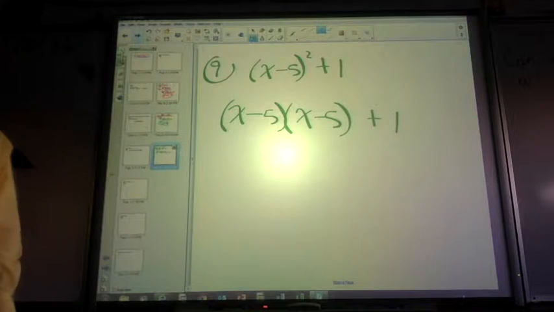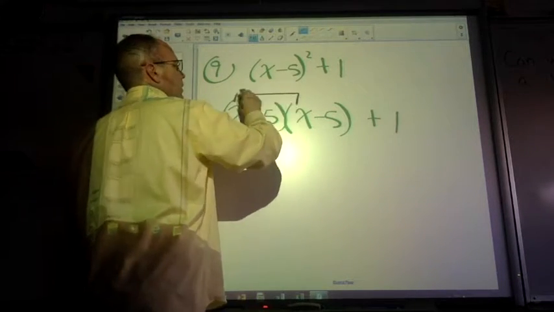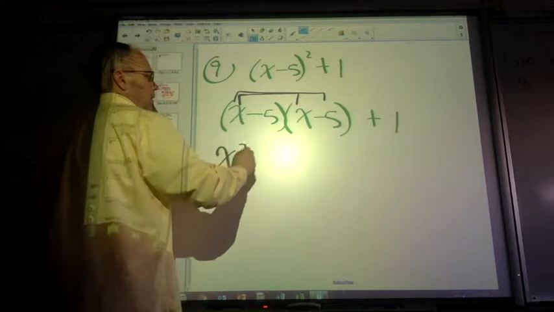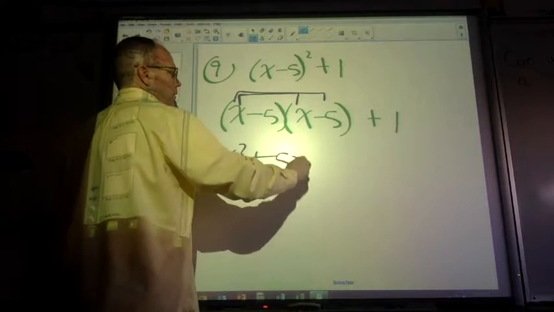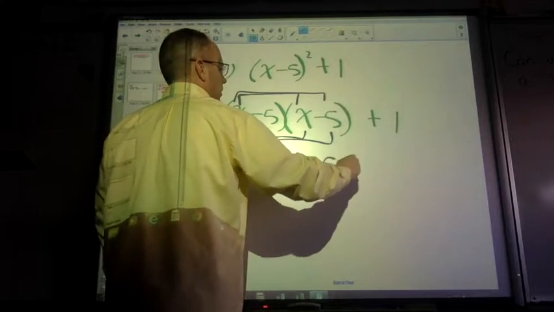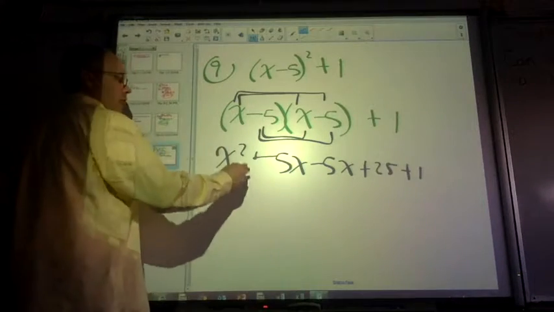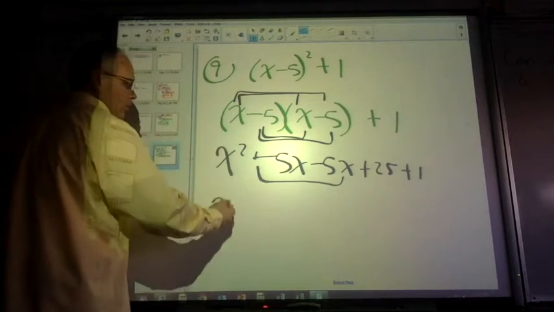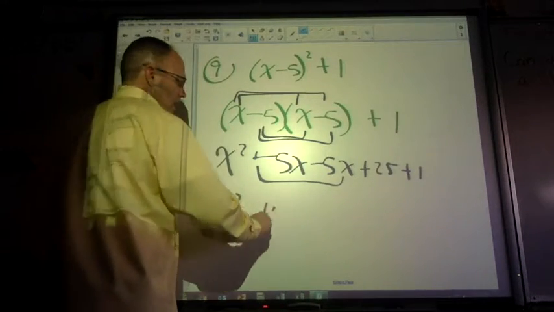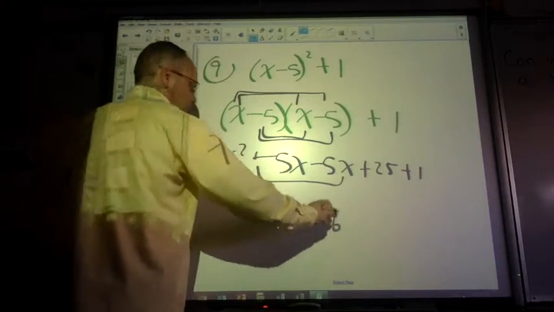Then you just double distribute here. Double distribute here. And don't forget the 1. Okay, so these are like terms, so I get x squared minus 10x, and then 25 plus 1 is 26.